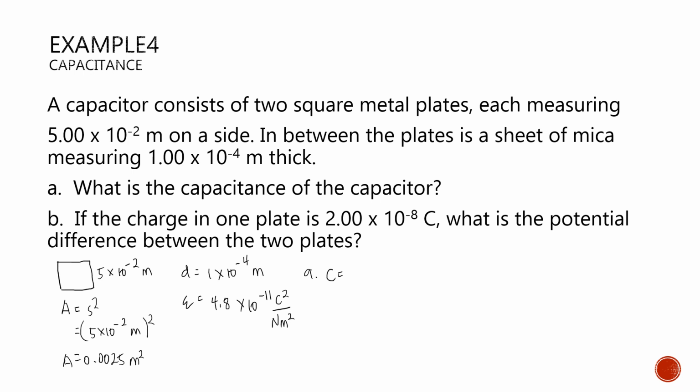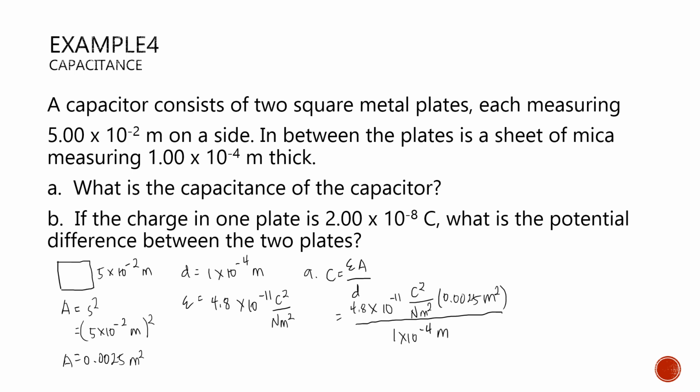Using the formula, permittivity times the area of the parallel plate capacitor over the thickness of the insulating material, we have 4.8 times 10 to the negative 11 coulomb squared per newton meter squared times 0.0025 square meters, all over 1 times 10 to the negative 4 meters.